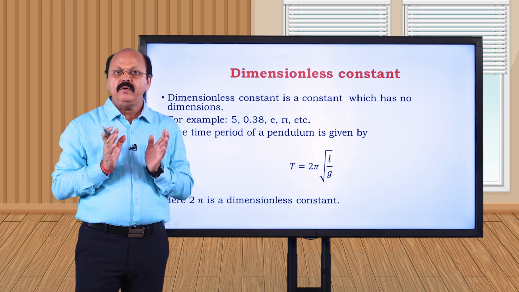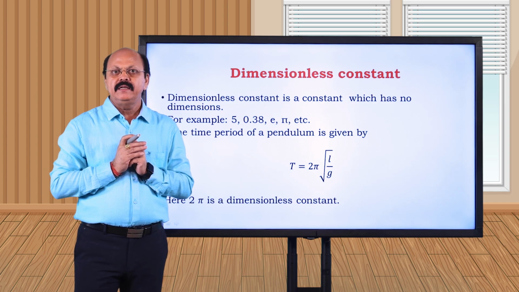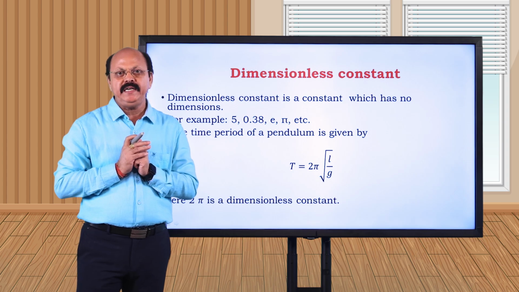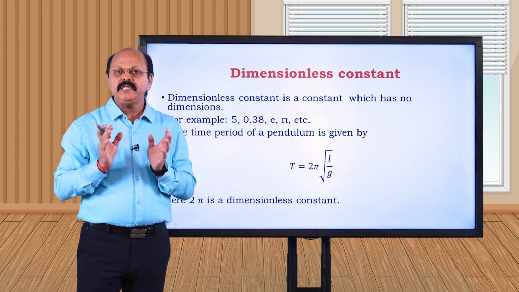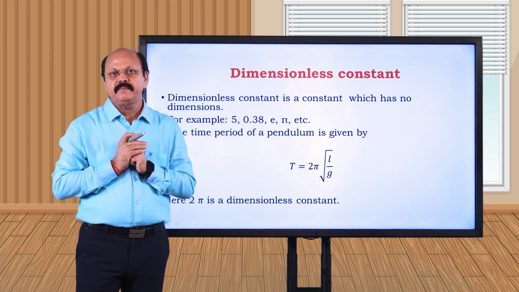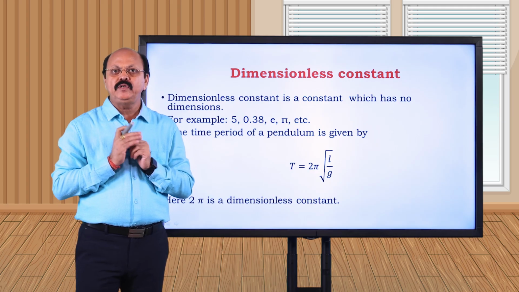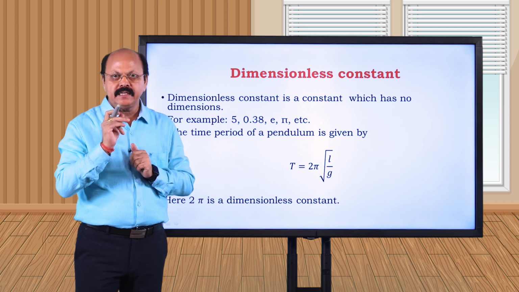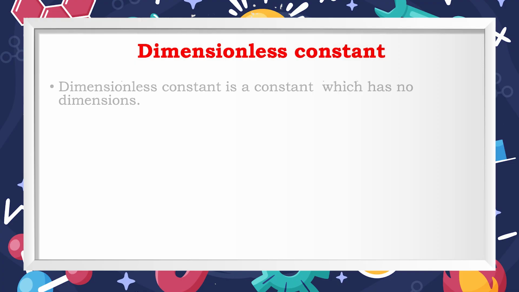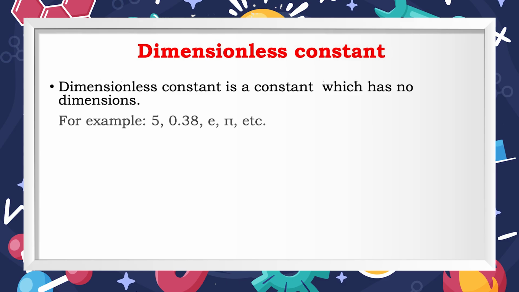So, now we have studied some dimensionless physical quantities. In the same way, there is a concept of dimensionless constant. Can you tell me what a dimensionless constant is? Yes, you are correct. It is a constant which has no dimensions.